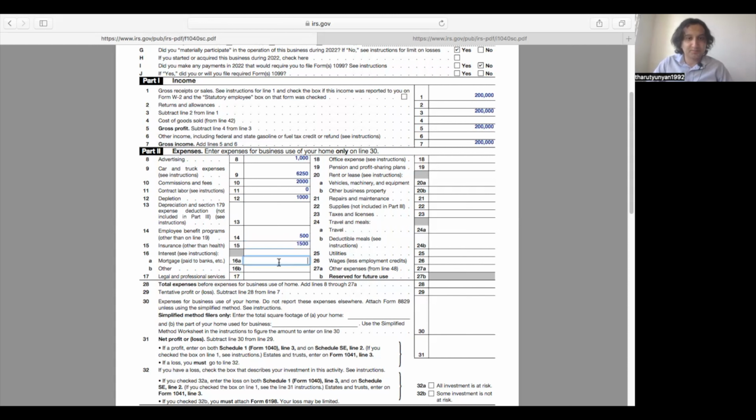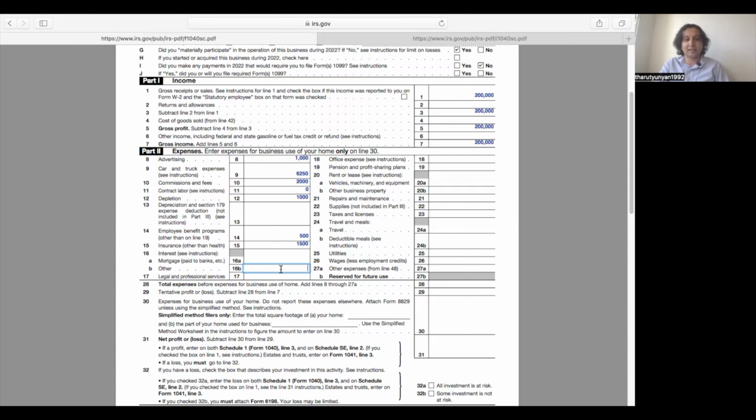Now, interest. This is interest charged by banks, right? So it could be mortgage interest. If you have financed a building that's used for your business and you're paying interest on it, that interest is obviously tax deductible as a business expense, right? Or if you have any credit card debts, if you have any bank loans for your business, interest is also deductible.